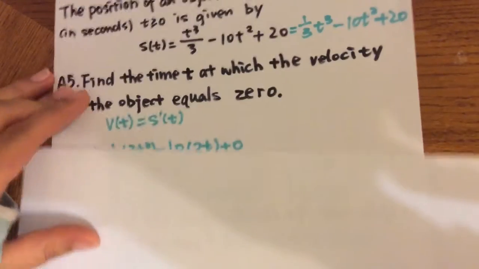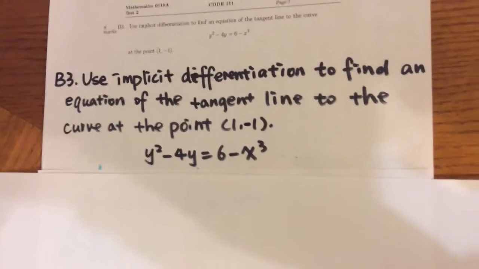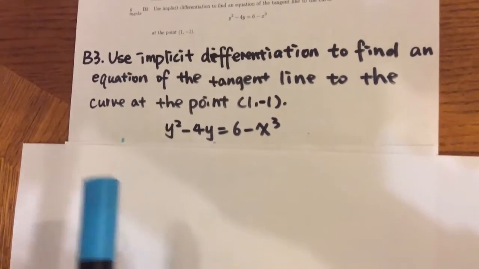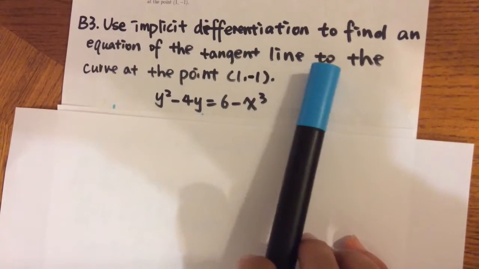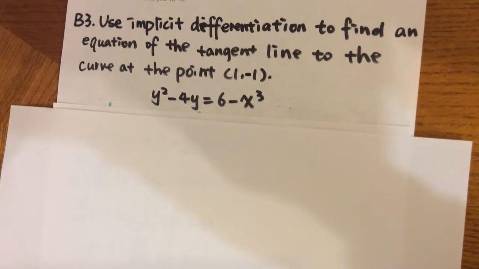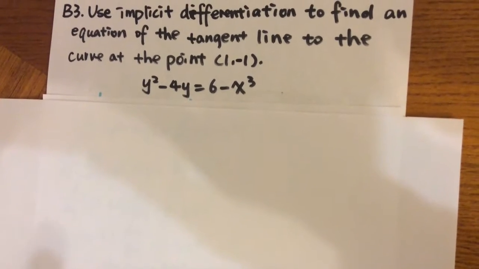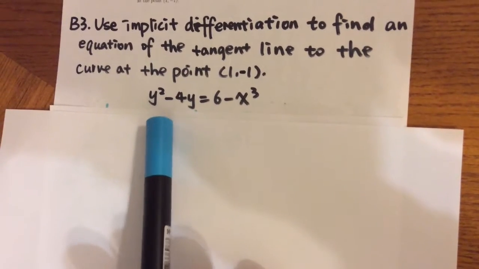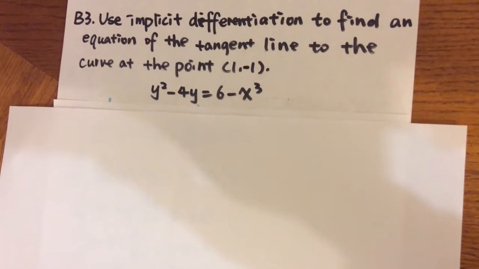So finally, we got another short answer question of B3. For this question, it asked us to use implicit differentiation to find an equation of the tangent line to the curve at the point 1 and minus 1. And the equation is y squared minus 4y equal to 6 minus x cubed.